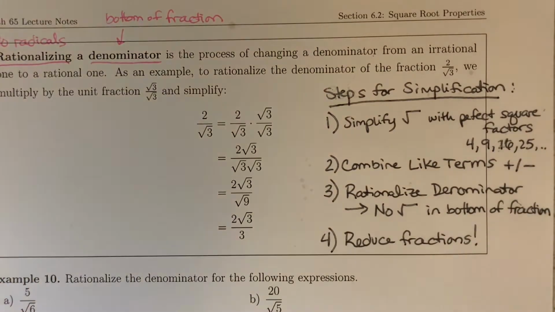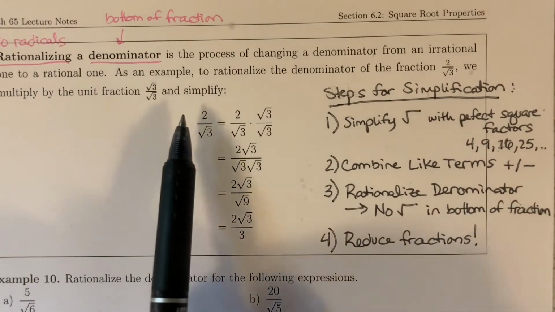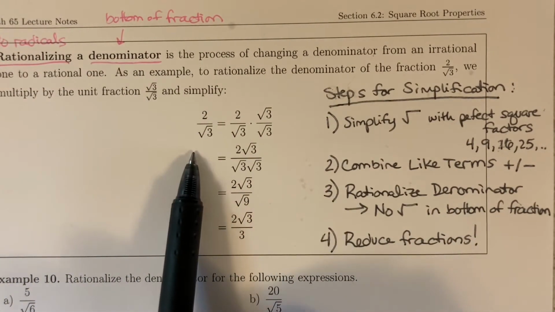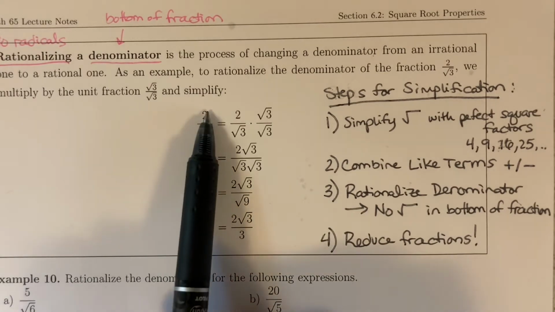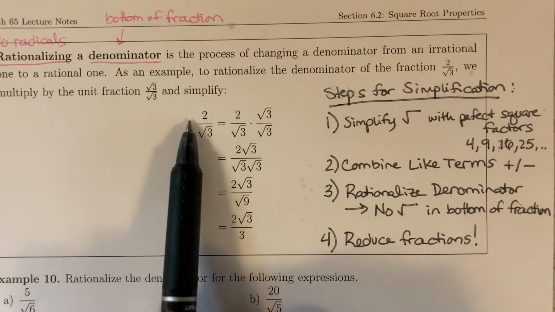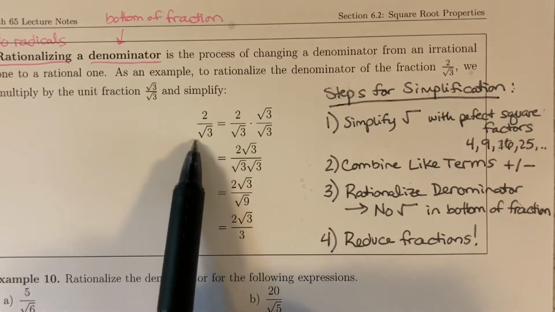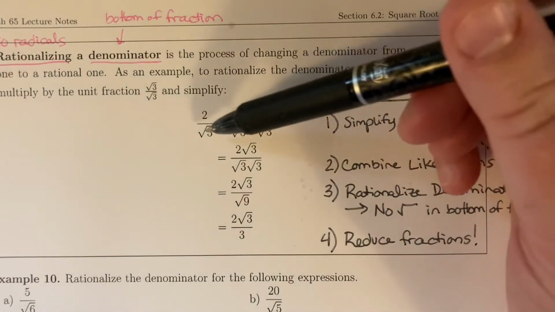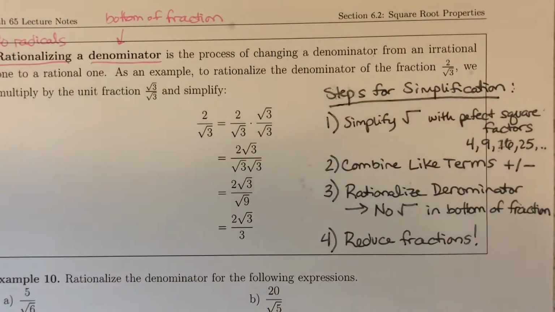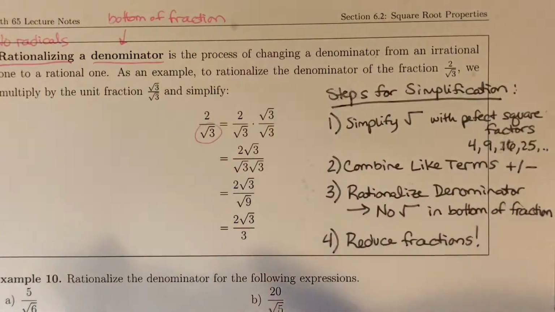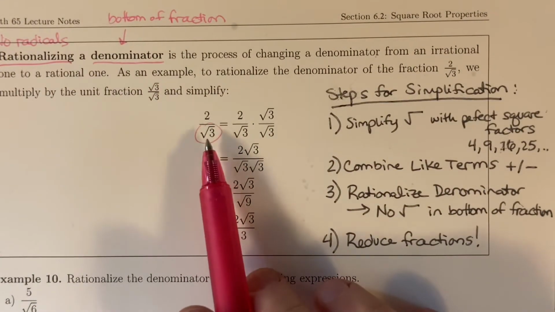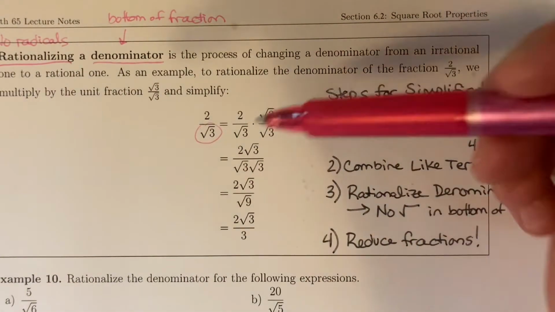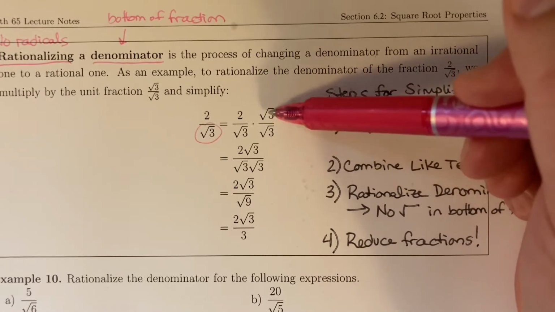So let's see what this rationalize the denominator step looks like. So here's an example. It's 2 divided by square root of 3. Now this looks fine, right? It's not like the 2 and the 3 will cancel. And we really can't cancel square roots with non-square roots anyways. But square roots don't belong in the bottom of the fraction. So what we do is we take whatever square root's in the denominator and multiply by the same square root in the top and the bottom.